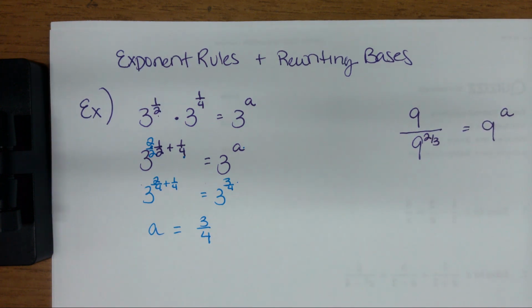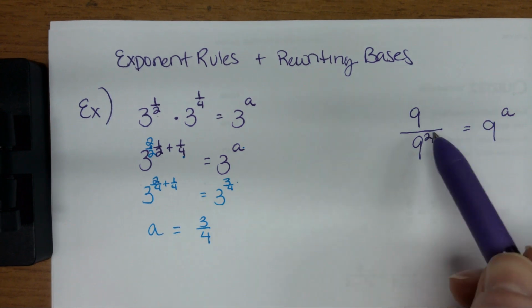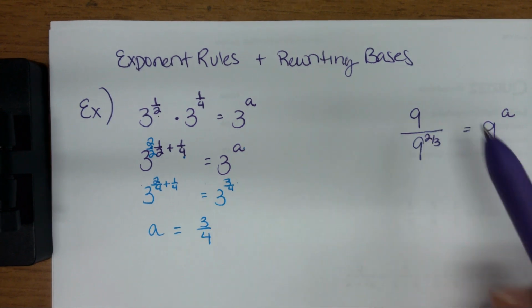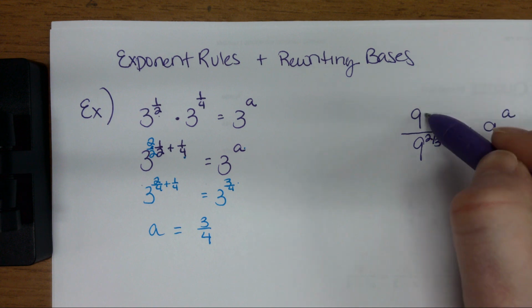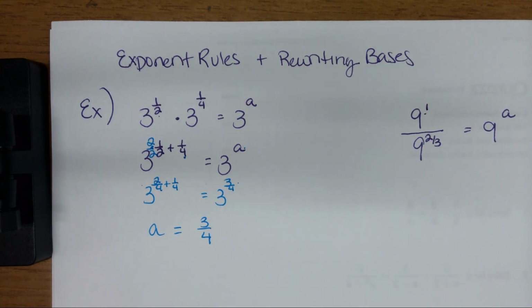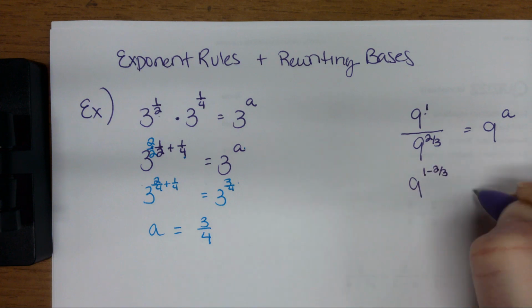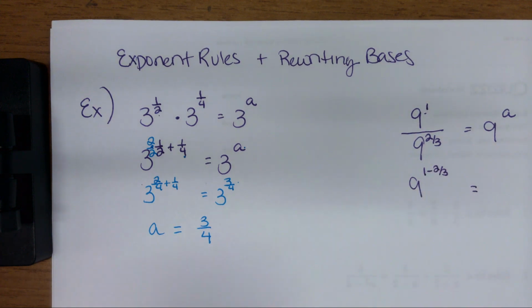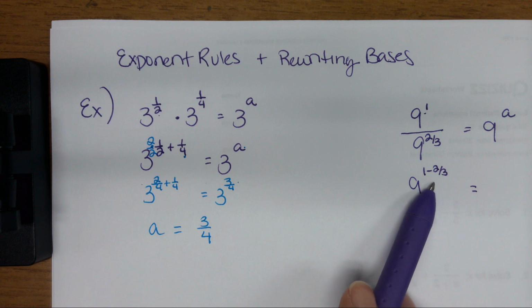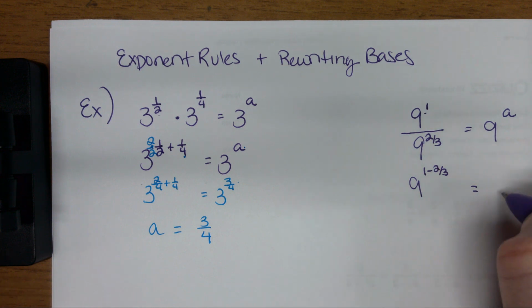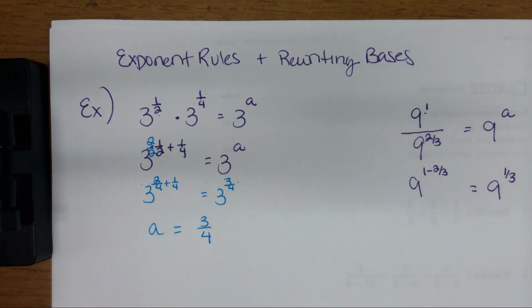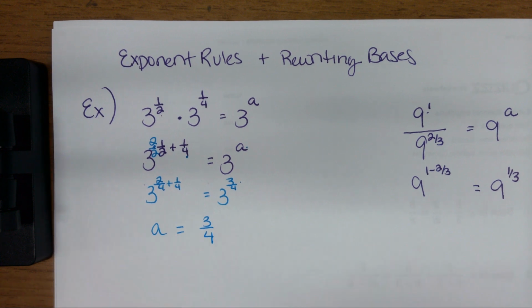Okay, similar as to before, except our rule for division is we subtract the exponents. If there's nothing written in here, it's a 1. So this would be 9 to the 1 minus 2/3. I hope most of us can do 1 minus 2/3 in our heads. If you had 1 take away 2/3, that would be 9 to the 1/3. So the exponent of 9 would be 1/3.